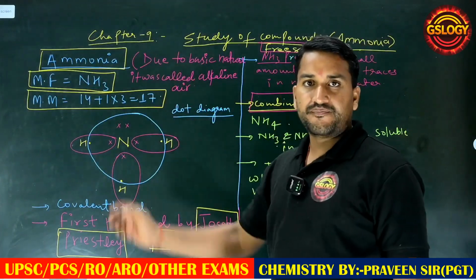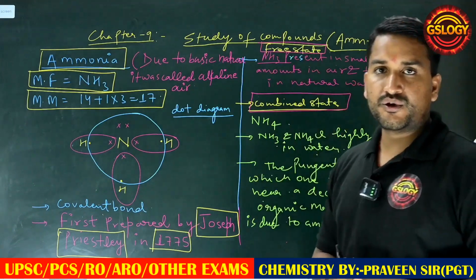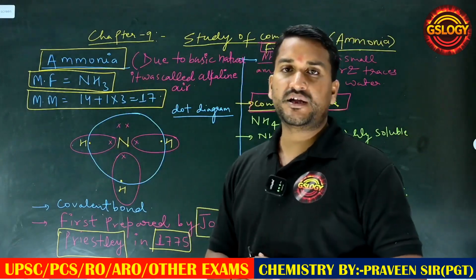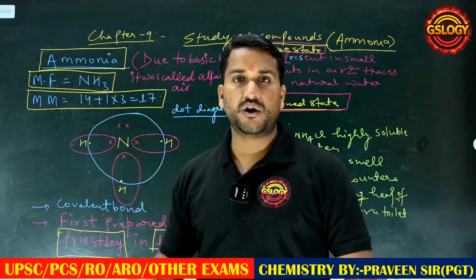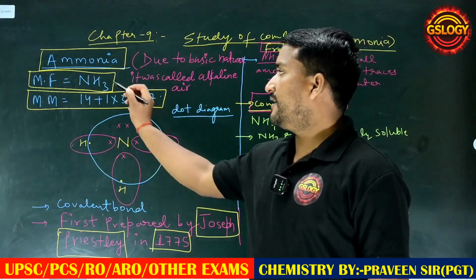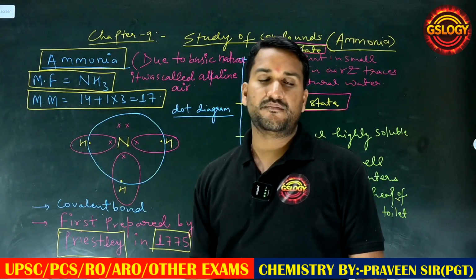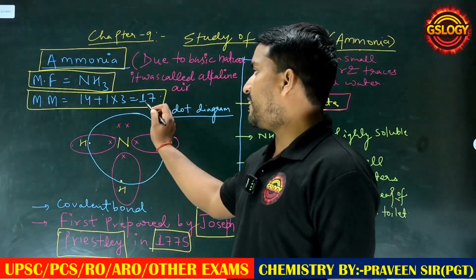Chapter number 9, ammonia, the study of compound ammonia. You know very well, ammonia is made up of nitrogen and hydrogen. So the molecular formula of ammonia is NH3, and the molecular mass of ammonia is 17.